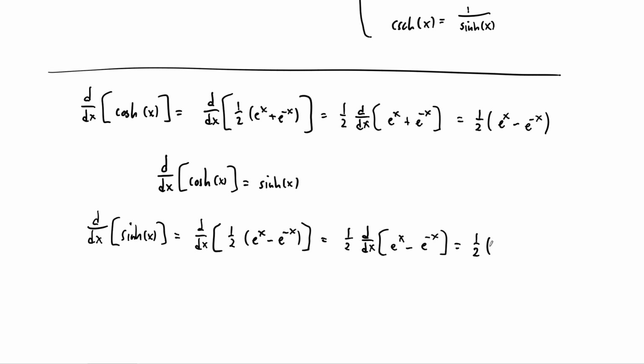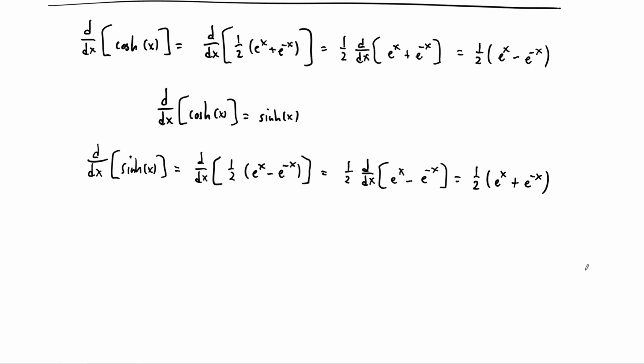And what do we end up with? 1/2 of e to the x, derivative is still itself, e to the x, minus derivative of e to the minus x. So that's going to become minus negative e to the minus x. That's plus e to the minus x. And of course, this is cosh, right? So the derivative of cosh is sinh, and the derivative of sinh is equal to cosh of x.